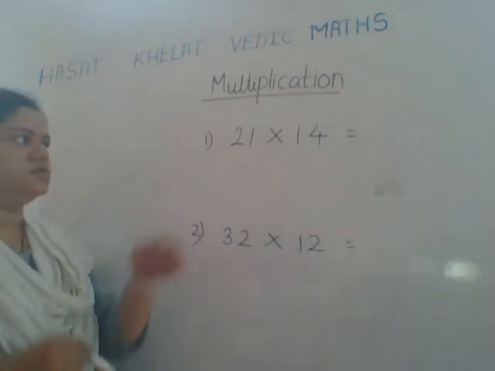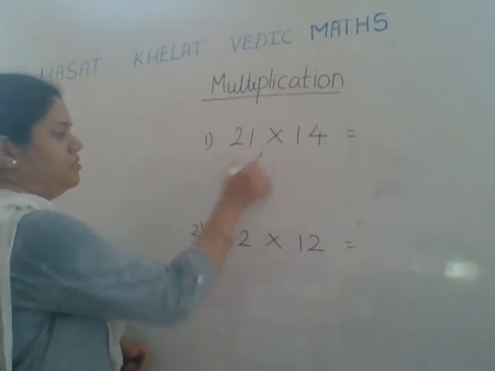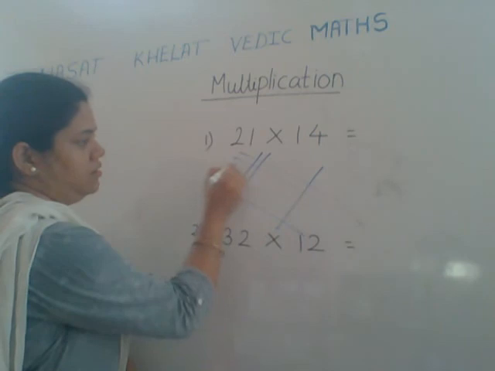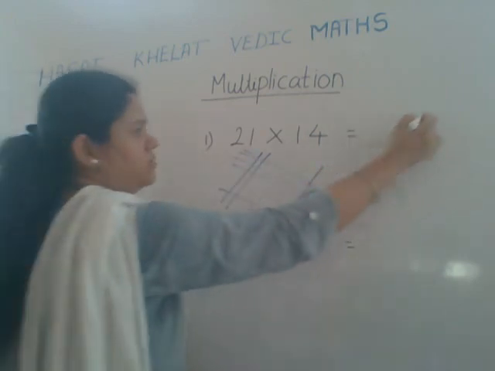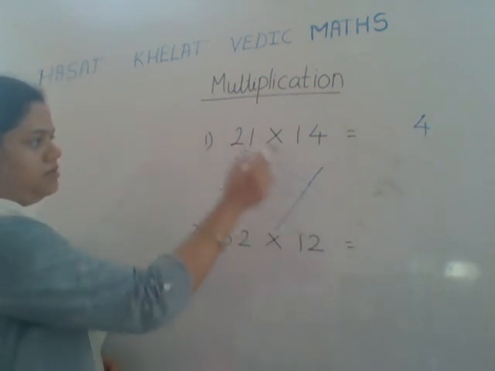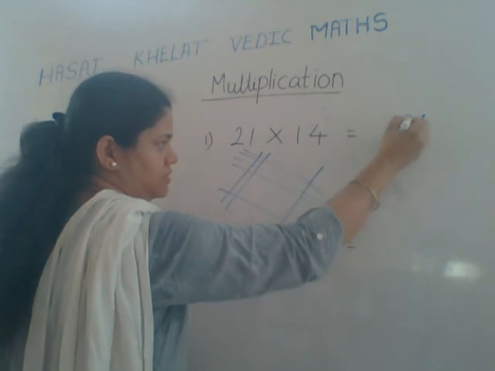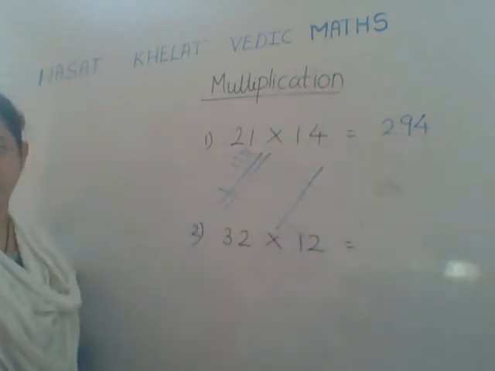So the answer for this 21 multiplied by 14: what you have to do? Draw two lines and one line apart. Here one line and four lines here. Intersection points 1, 2, 3, 4. In between 1, 2, 3, 4, 5, 6, 7, 8, and this one is 9, and here is 294.